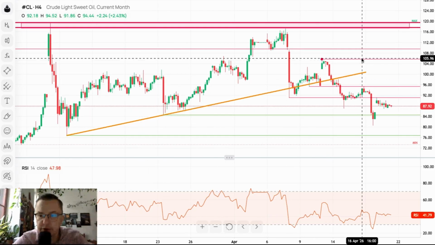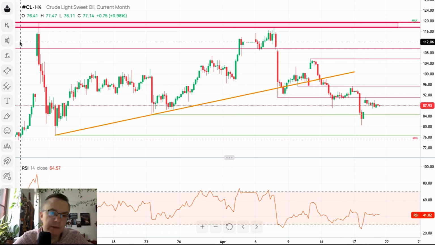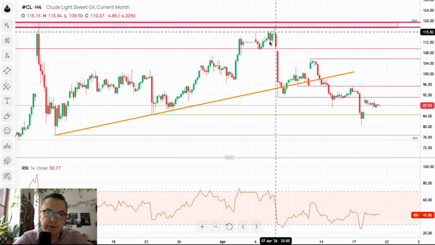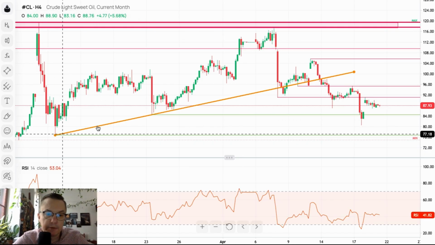Nevertheless, it's worth keeping an eye on the key levels. The overall situation doesn't actually look too complicated, right? We established something which might be called a double top. We broke below the trend line.